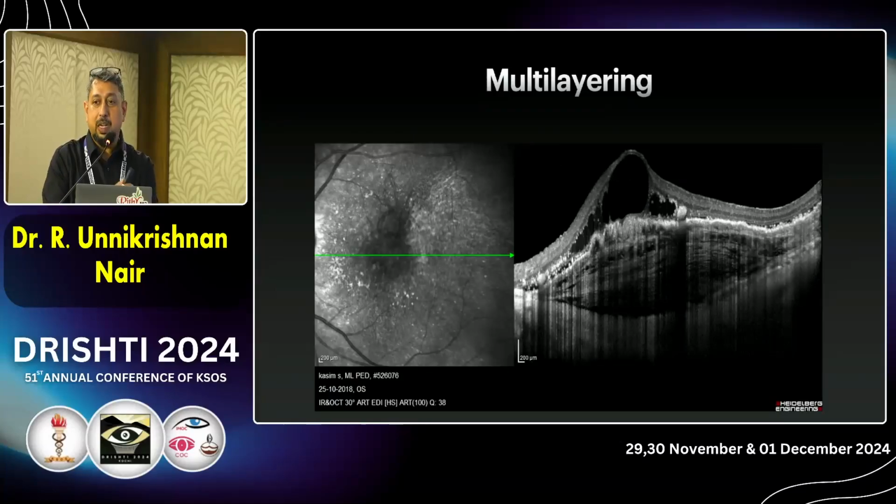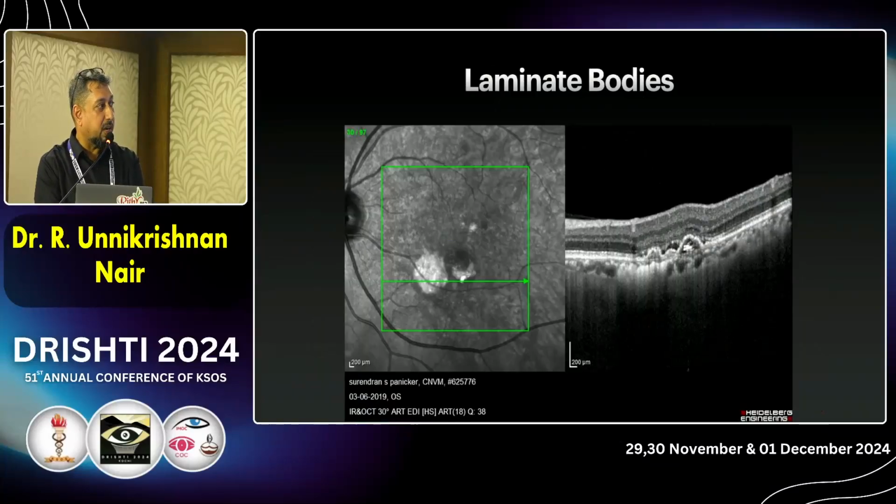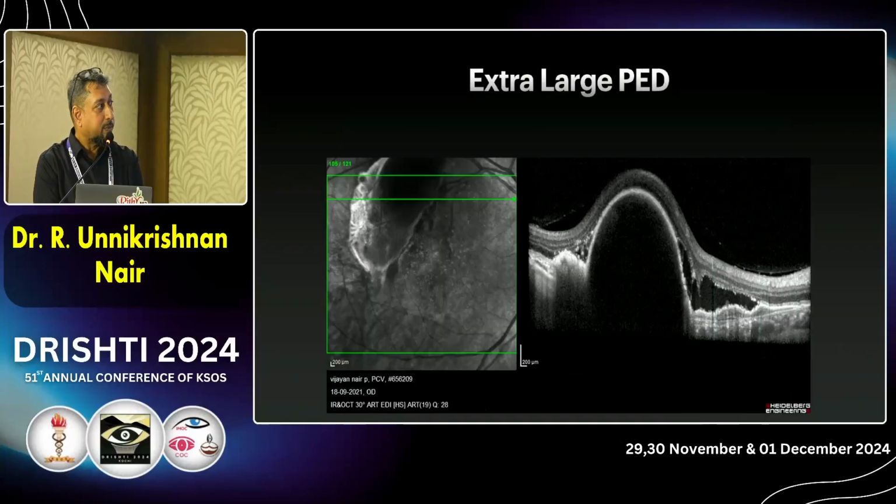These do not bleed massively. The fluid does not go away, but they do not bleed and lead on to scarring very commonly. Another is laminate bodies, where you see small specks underneath the PED. Both of these are difficult to treat and difficult to get rid of the fluid, and there is a point of time where you will have to accept that you're going to live with this much fluid.